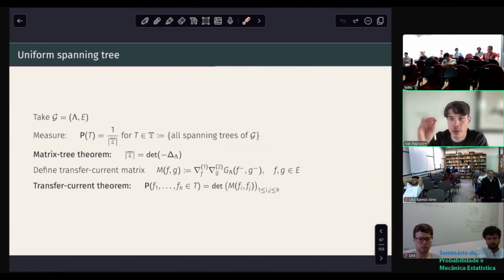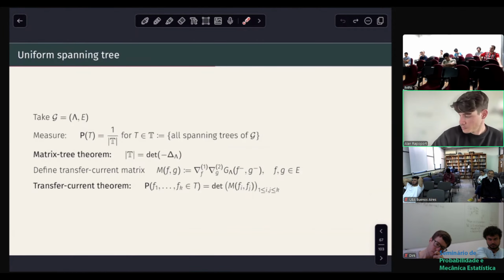So in particular, for the probability of this edge, the determinant is only that element. You take that element of it there, and that's it. So this gives you a very straightforward way to calculate things.